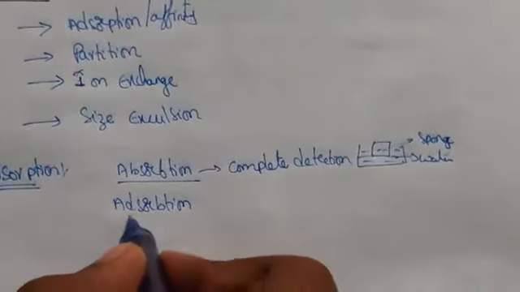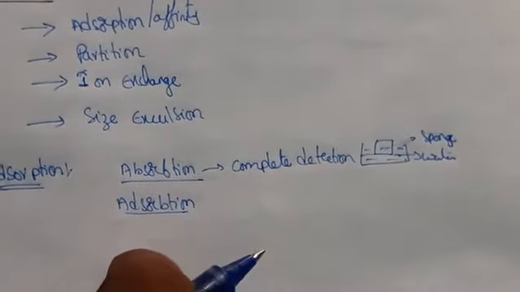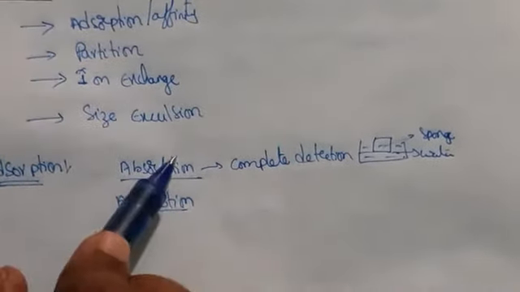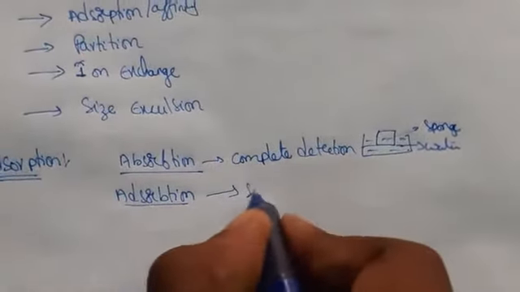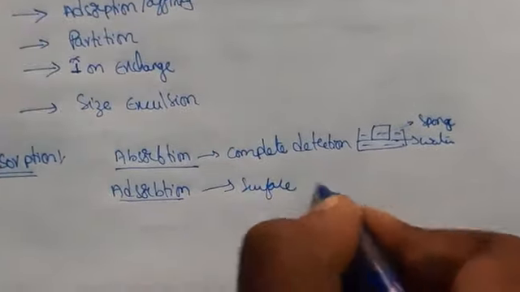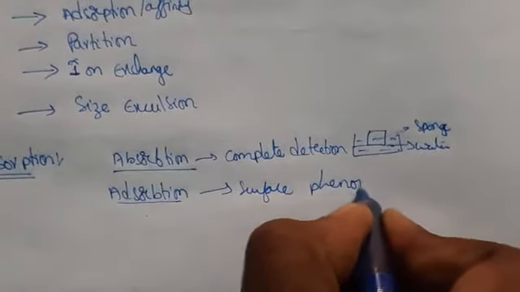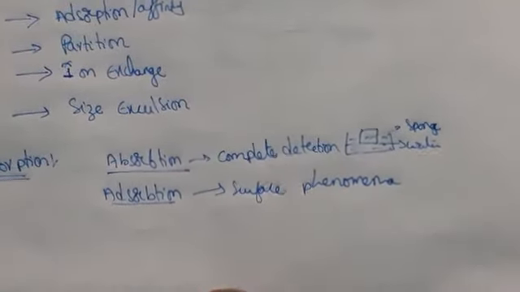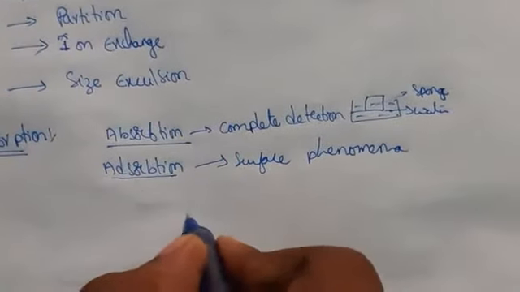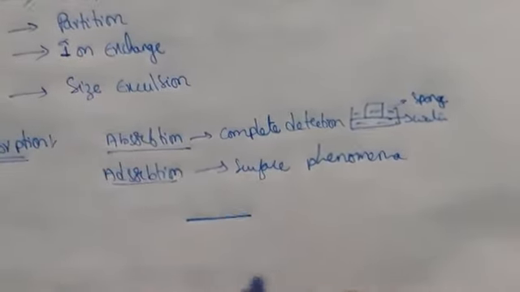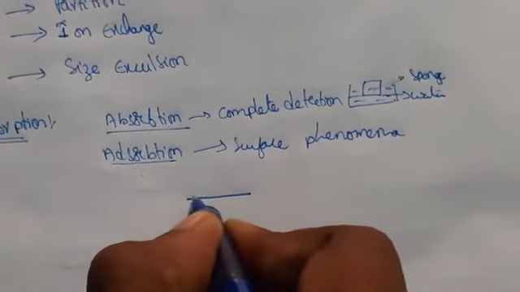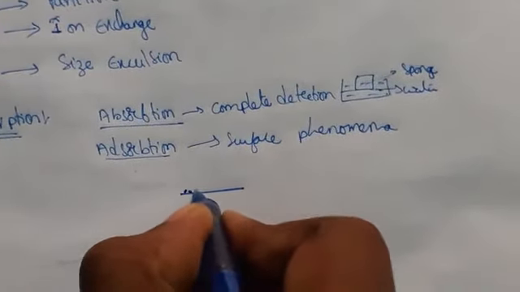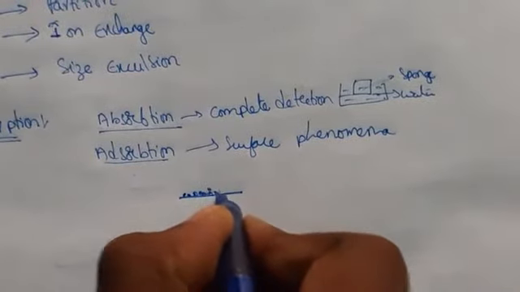Now next, let us see adsorption. So this is absorption, this is adsorption. Adsorption is a surface phenomenon. Generally this is a surface, and in this surface we already have some solid particles.